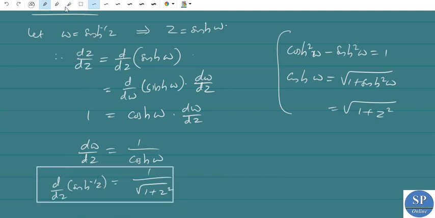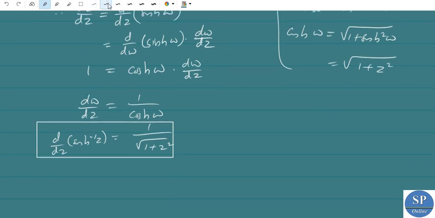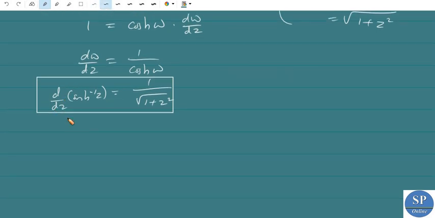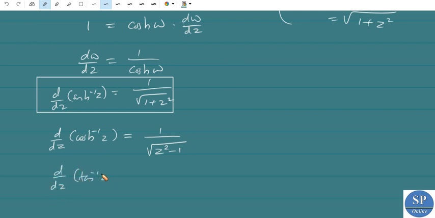Okay, in a similar way we can find the derivatives of cosh inverse of z and tanh inverse of z. We have the derivative of cosh inverse of z is nothing but 1 by square root of z square minus 1, and the derivative of tanh inverse of z is equal to 1 by 1 minus z square.